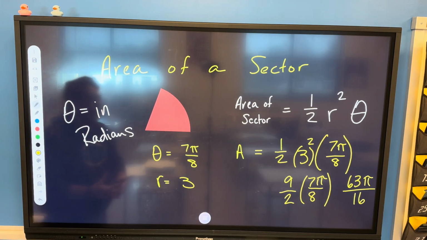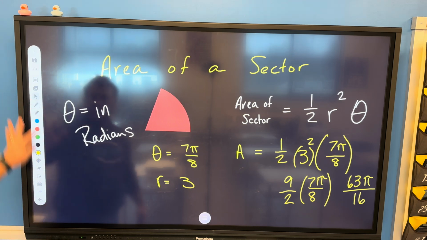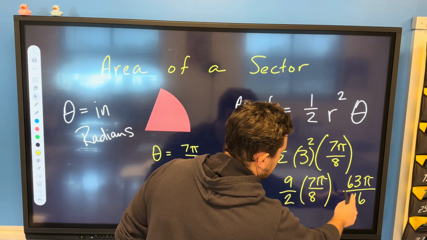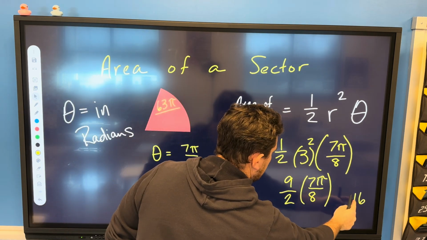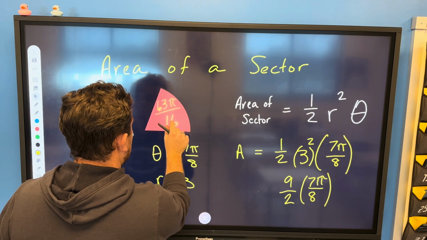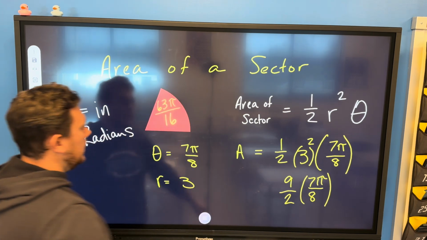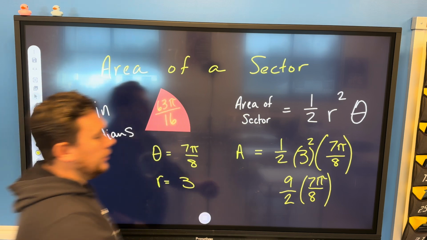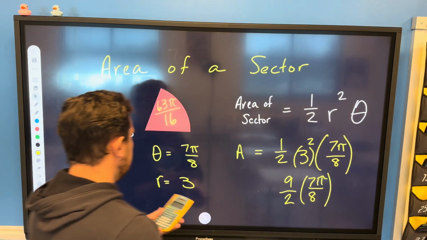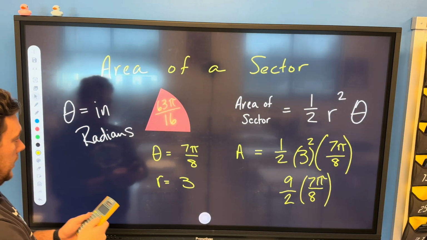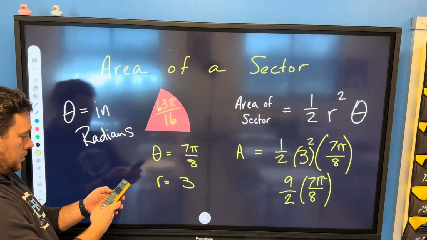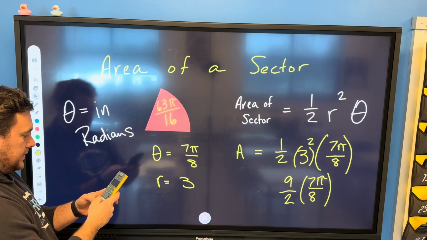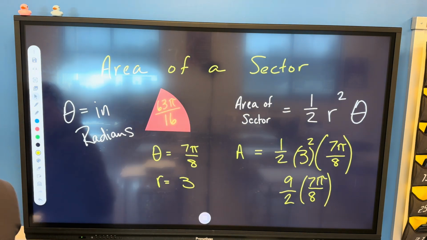And that is the area of the sector. It's not going to simplify. So we are able to say that the area of this sector, the slice of pie, takes up an amount of space that's that big. We could take a calculator and type that in to figure out what it is. 63 pi divided by 16 is approximately 12.37.